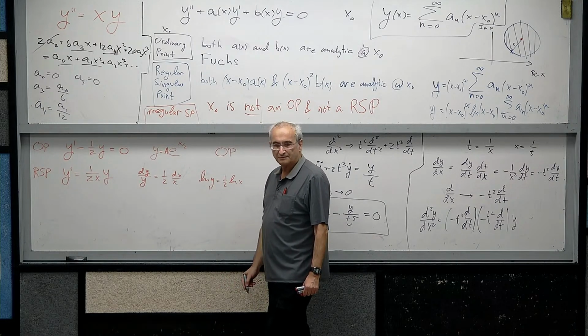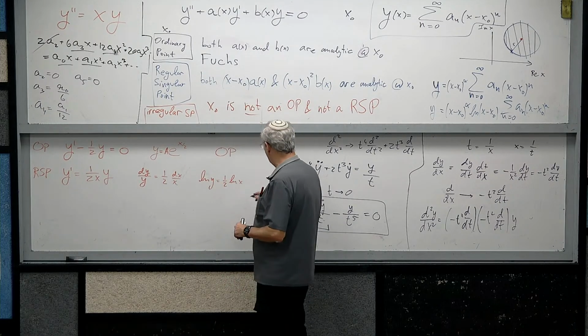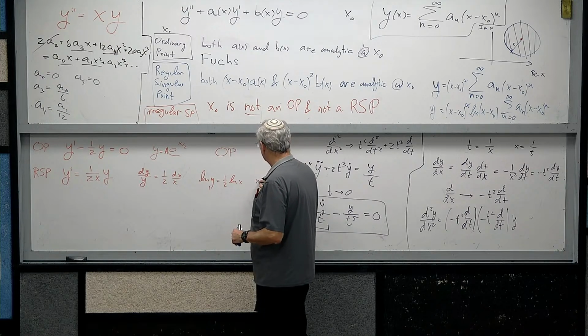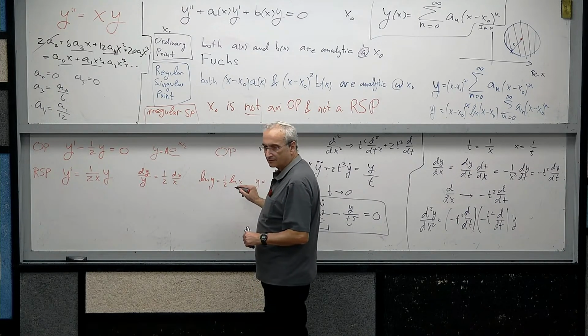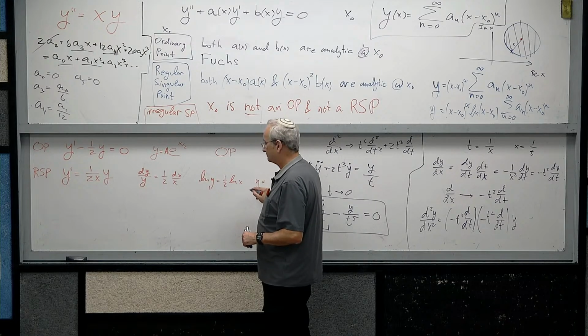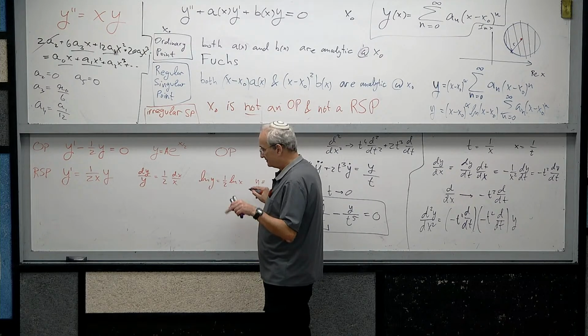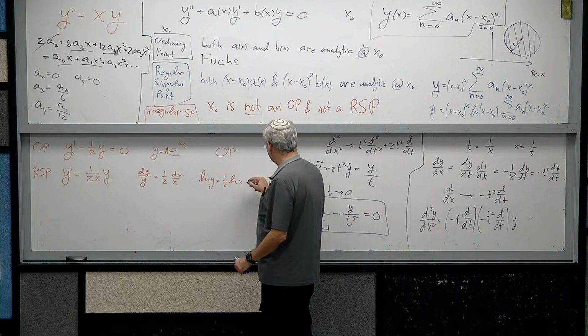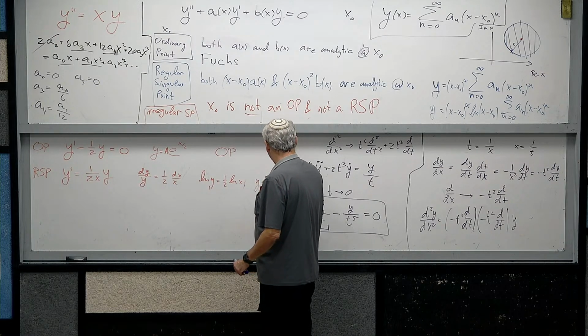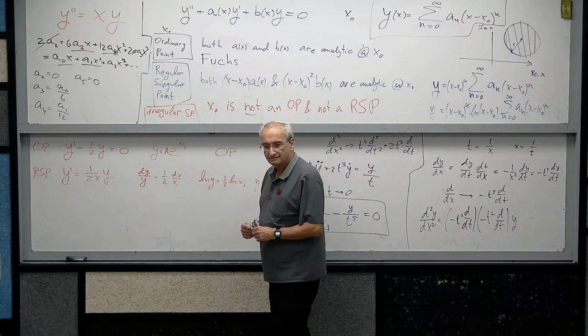And now I can exponentiate both sides and get y equals square root of x, with some constant. Here I have a constant, right? Some constant times the square root of x.